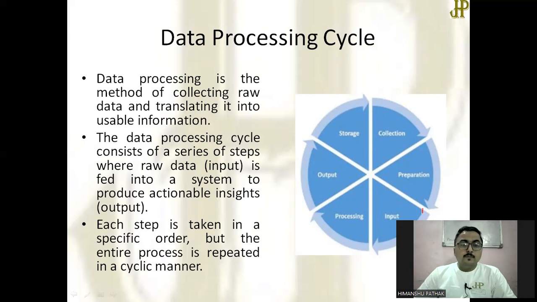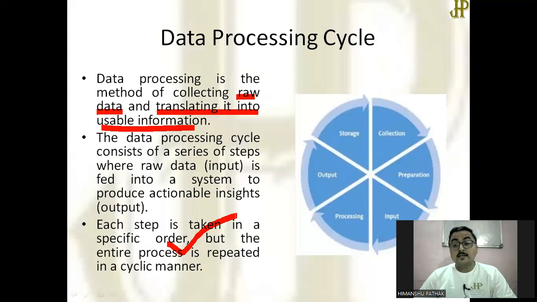So data processing is the method of collecting raw data and translating it into usable information. Clear? Each step is taken in a specific order, but the entire process is repeated in a cyclic manner if there is a need.